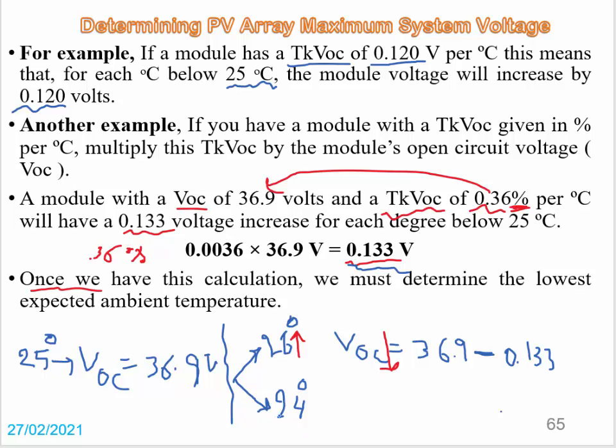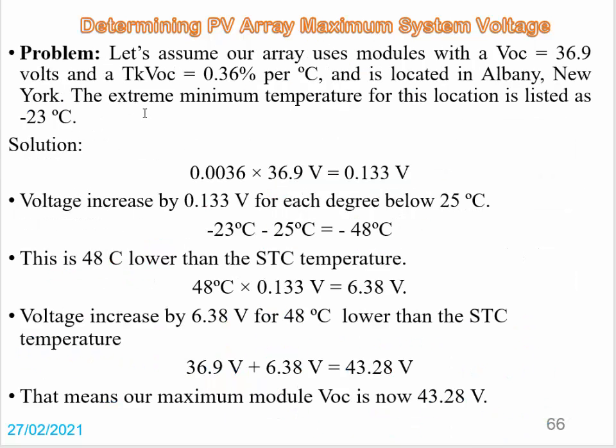In the next case, when the temperature decreases to 24, V open circuit increases, by 1 degree Celsius. So the final V open circuit will be 36.9 plus 0.133.